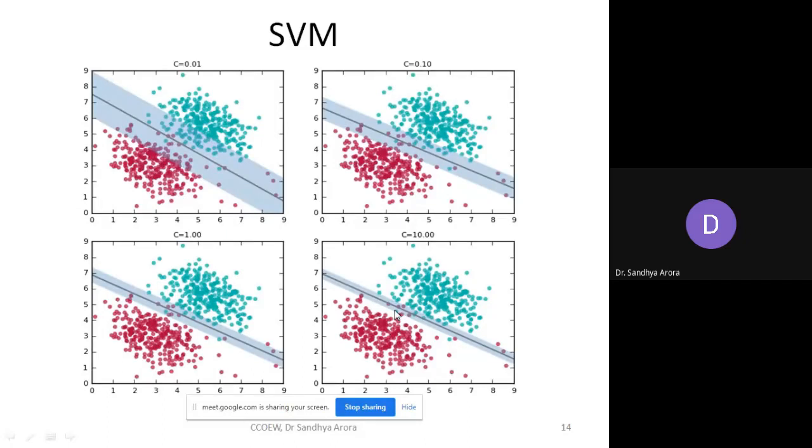So you can work with this C value. SVM has a parameter C where you can decide how much error you can tolerate in your classification. Now, how do you identify the correct C value? There are certain cross validation algorithms available which help you to identify the correct C value.